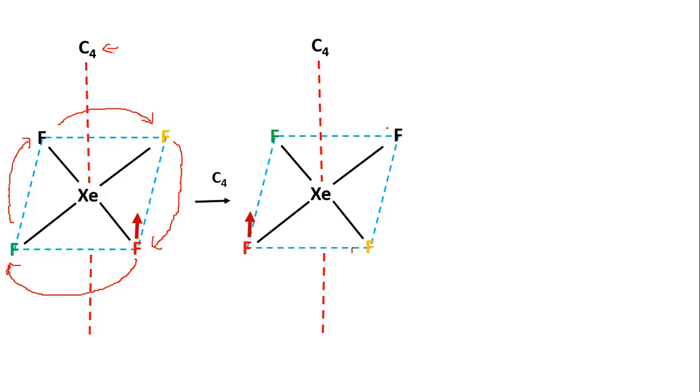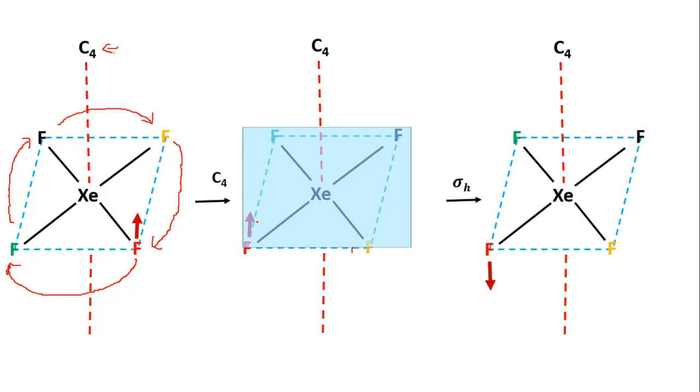And that is what we have seen here. There is an arrow placed over the red fluorine atom which remains upwards, and when you reflect it about the sigma h plane, which is perpendicular to the C4 axis, all the atoms present in the plane will remain unshifted, and the upward arrow will become a downward arrow. That's what we get, and this is S4, and this is sigma h C4.